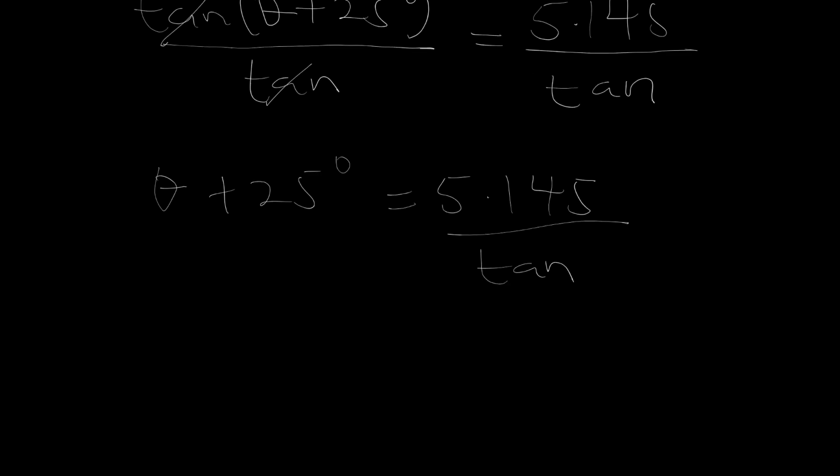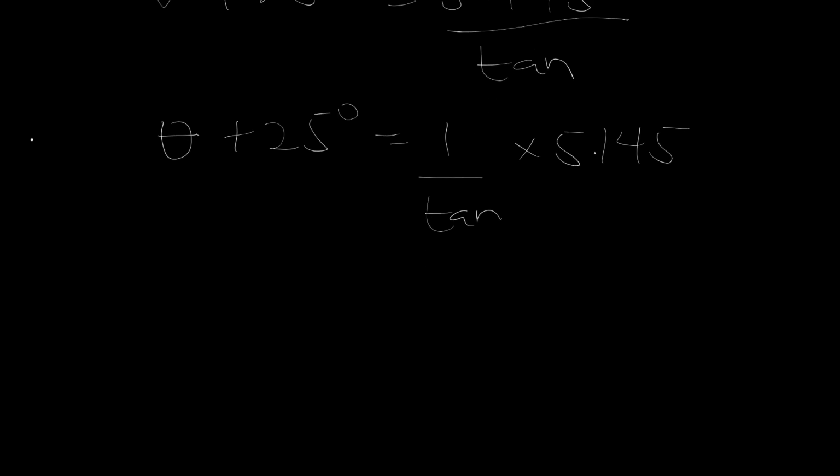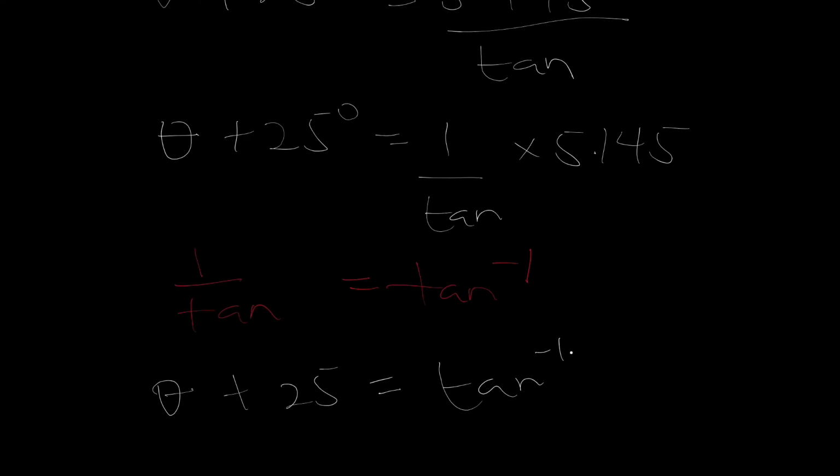This can also be written as theta plus 25 degrees equal to 1 over tan times 5.145. Now 1 over tan is the same as tan inverse. So we have theta plus 25 should be equal to the tan inverse of 5.145.